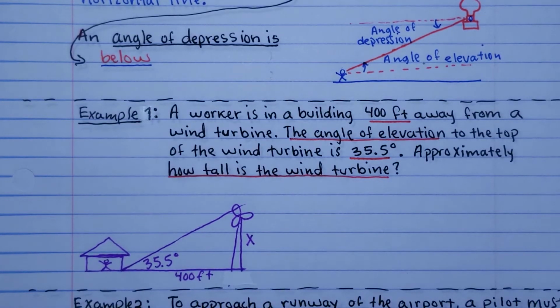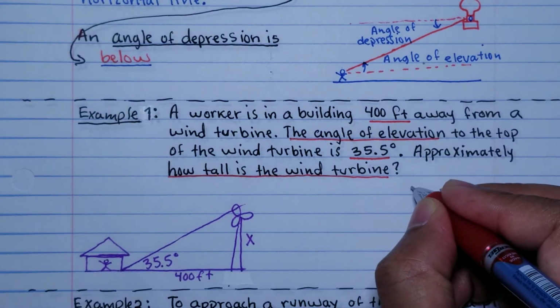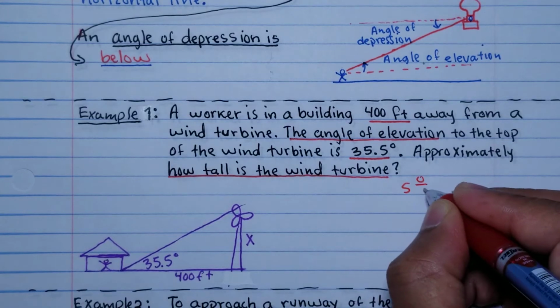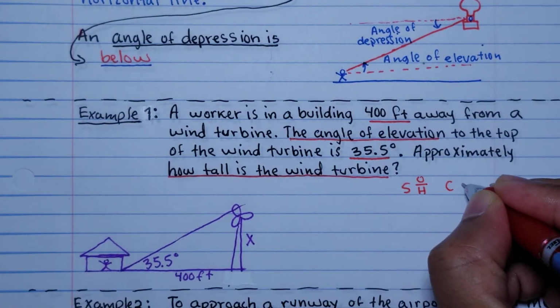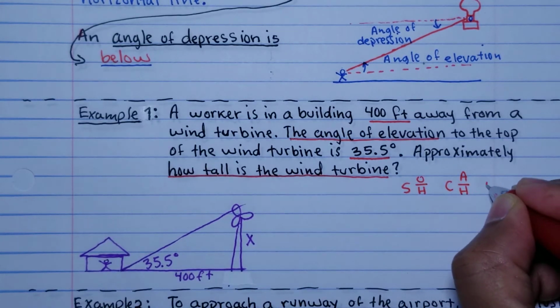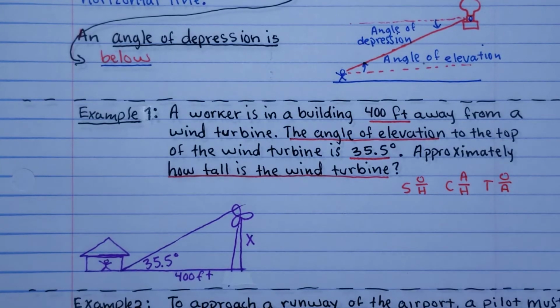Now, let's remember our mnemonic for trigonometric functions. So we know sine is opposite over hypotenuse, cosine is adjacent over hypotenuse, and tangent is opposite over adjacent. Okay, SOHCAHTOA.